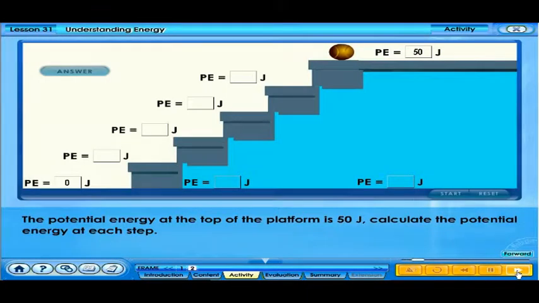The potential energy at the top of the platform is 50 joules. Calculate the potential energy at each step.